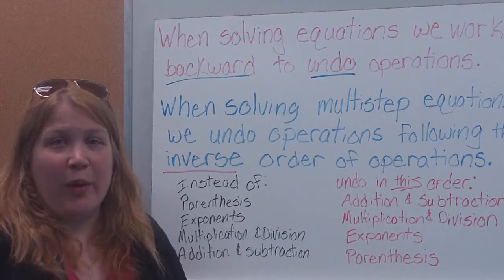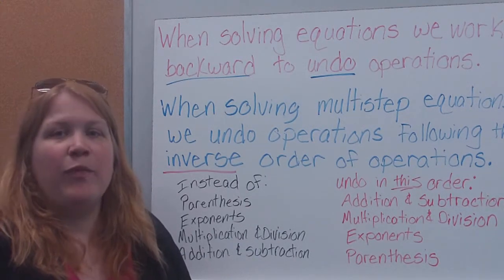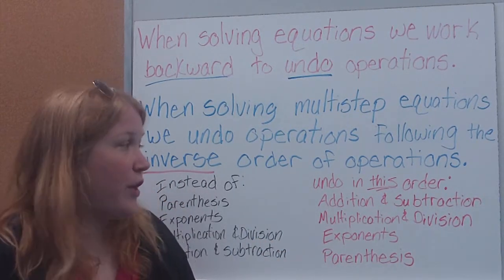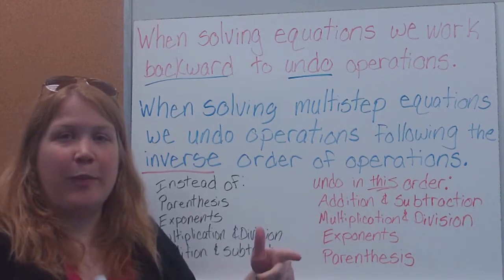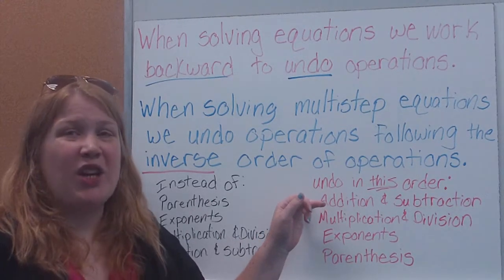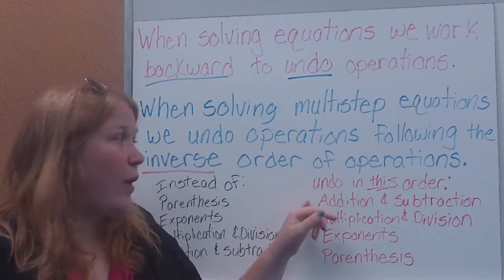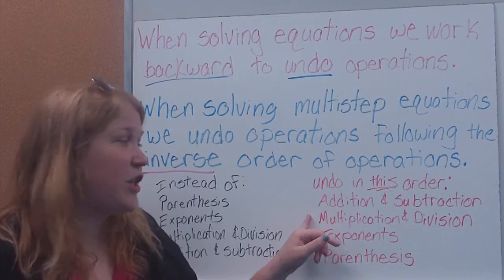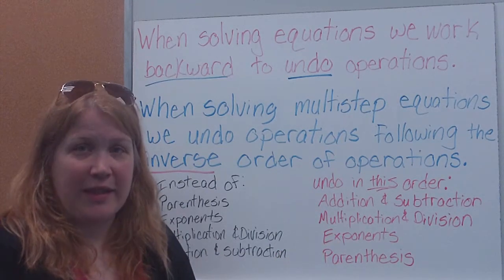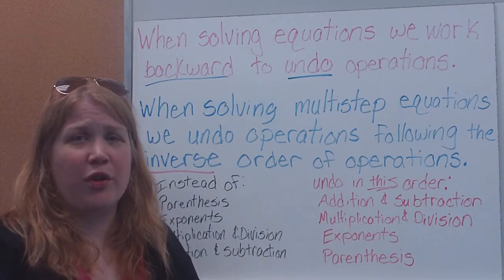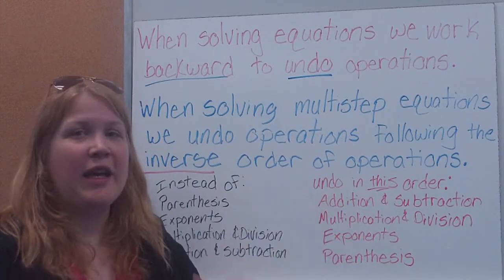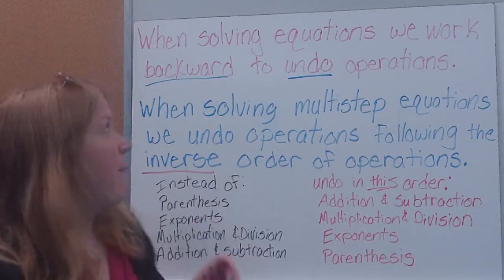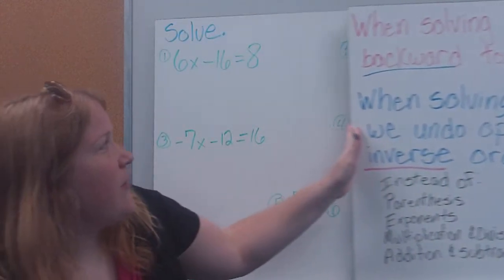Since we're undoing, we need to undo in the inverse order of operations, meaning I'm going to flip it upside down. So the first thing I want to undo when solving an equation is addition or subtraction, then multiplication or division, then exponents and parentheses. So just keep in mind, it's kind of backwards of the way we would do it because we're undoing it. So let's take a look at a few examples.